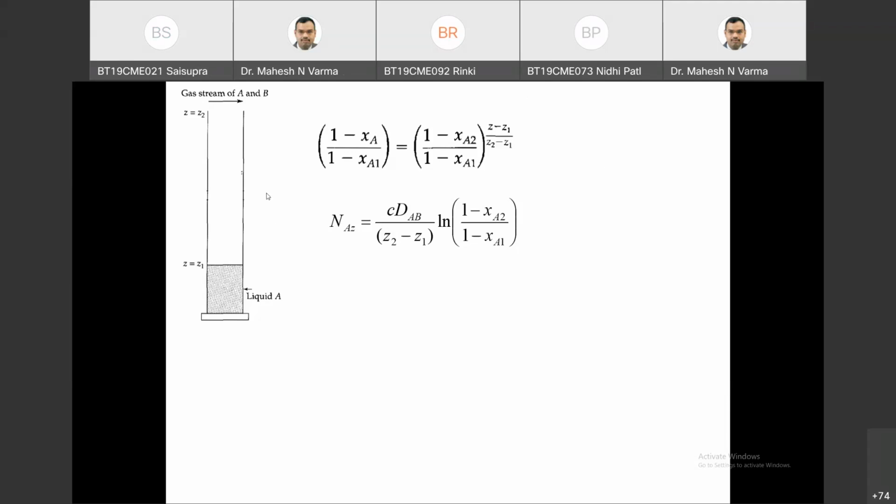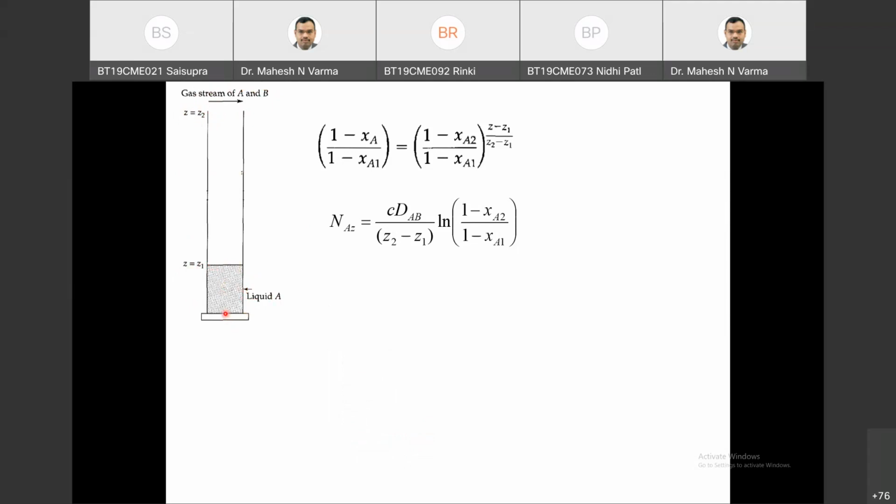Okay, this is the problem we were discussing in the last class. Here we have liquid A in a cylinder, and liquid A is evaporating into a gas stream which has A and B. The height of the liquid is maintained at Z1, and the height of the cylinder is Z2.